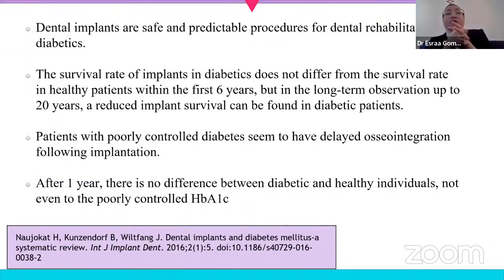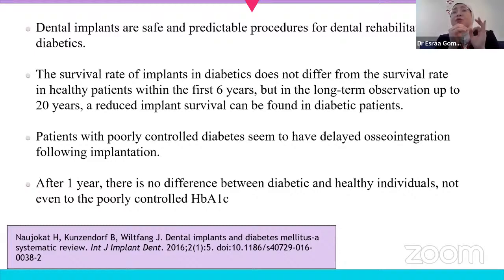In a very important systematic review in 2016, on dental implants and diabetes mellitus, the survival rate of implants in diabetic patients does not differ from the survival rate in healthy patients within the first 6 years. But in the long term, such as 20 years, a reduced implant survival can be found in diabetic patients.